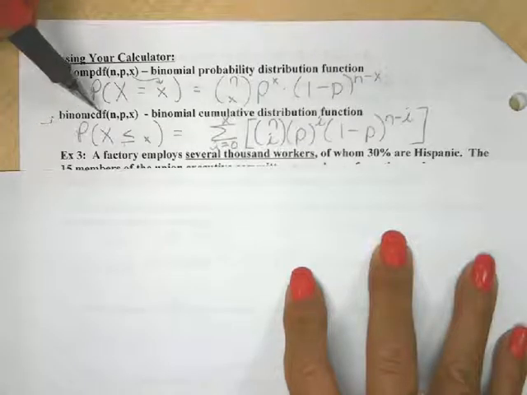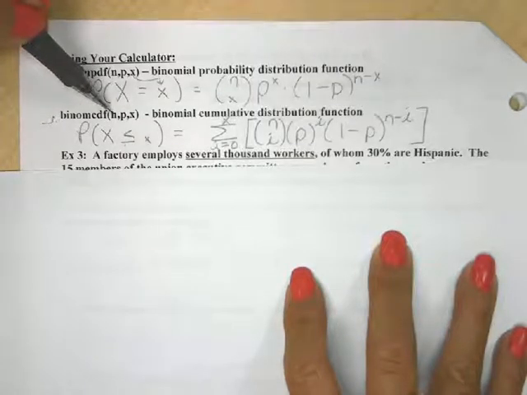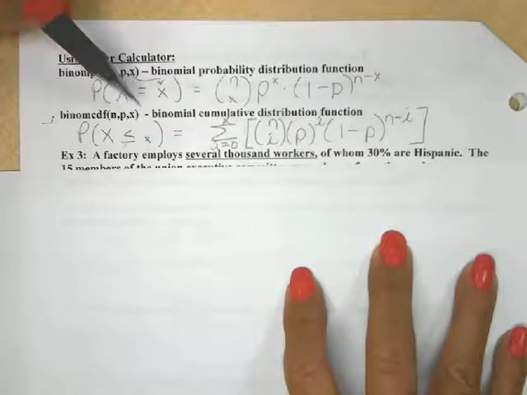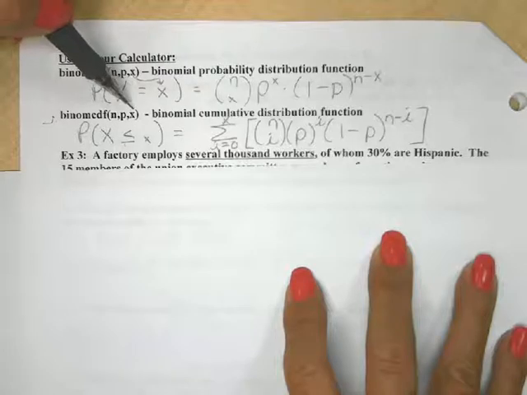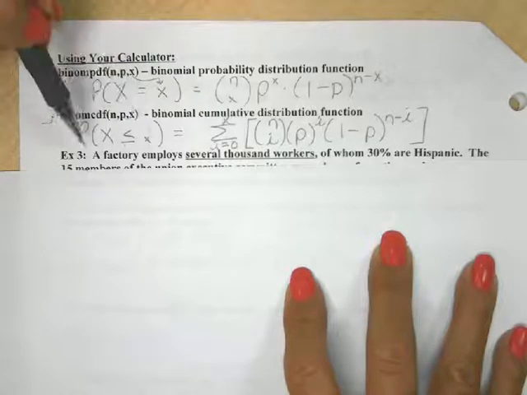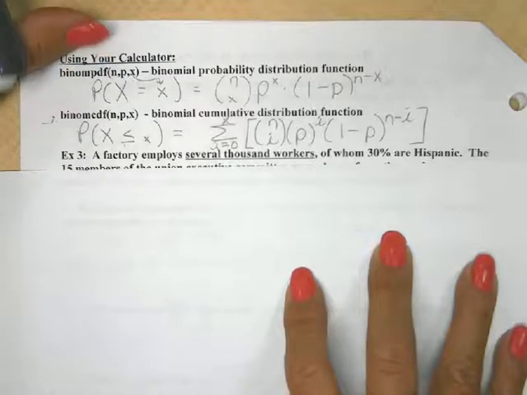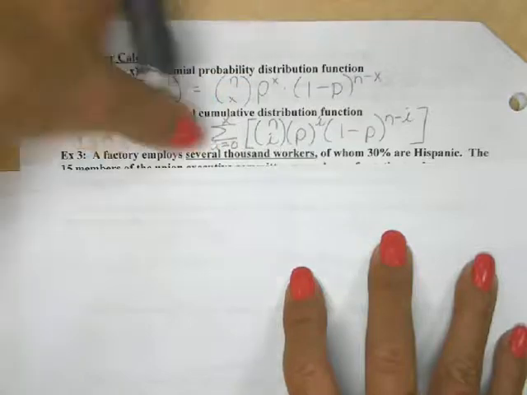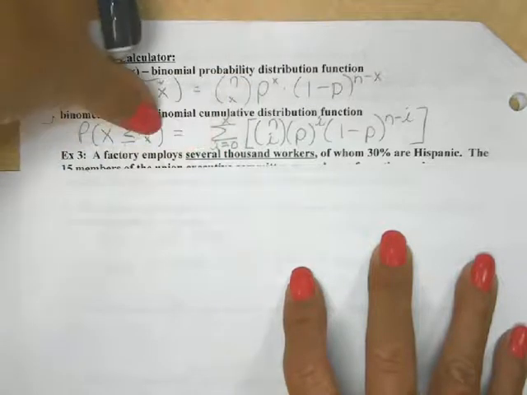And it is input similarly, and you have to be careful which button you're using. You put in the number of trials, you put in the probability of success, and then you put in the number of successes that you want your value to be less than or equal to. So it will add up all of those values in the probability distribution from 0 up to whatever you put here.